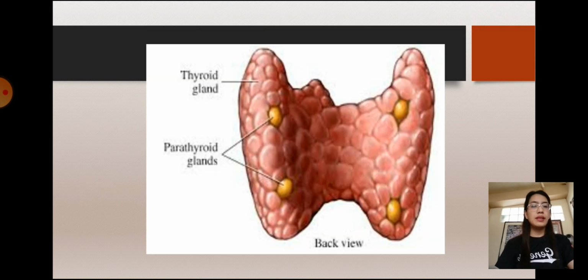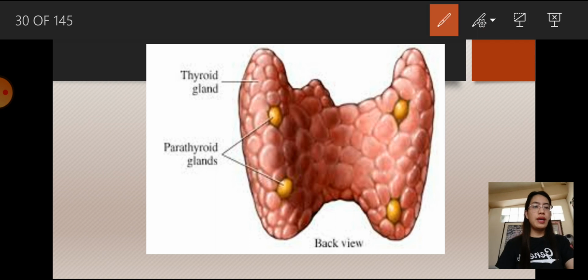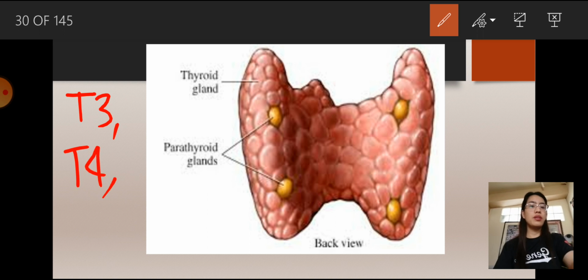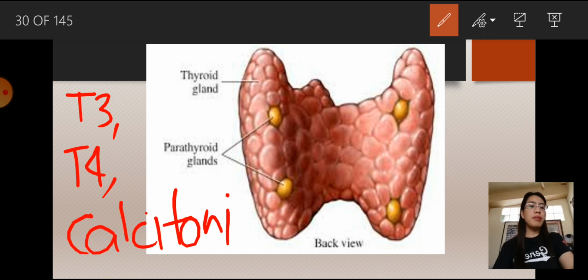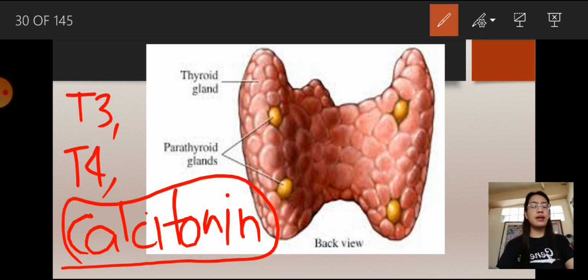Ito yung thyroid gland natin. Butterfly shape. Sabi natin, ang thyroid gland, it will produce T3, T4, and also what? Calcitonin. Calcitonin is for calcium regulation.